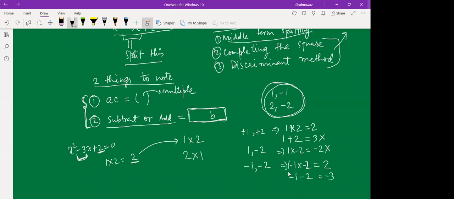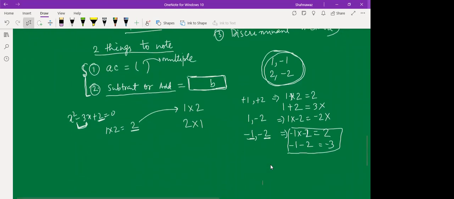So this is the combination that we are looking for. It fulfills both the criteria 1 and 2, right? Yes, sir. So we will take these two numbers. We will split -3x in the form of these two numbers. Understood up to this point? Yes, sir. So we will take what?